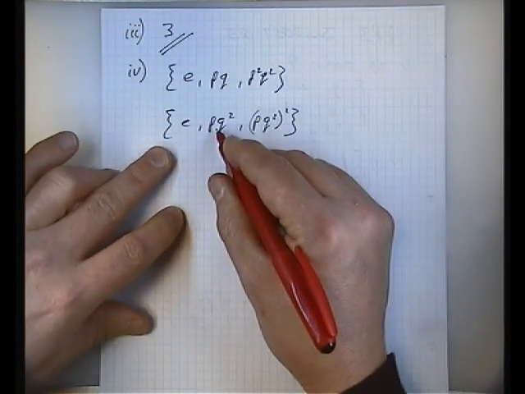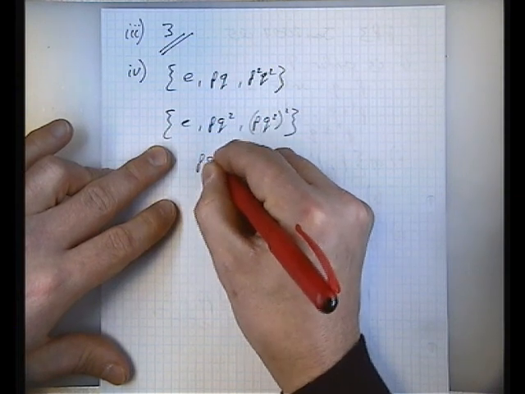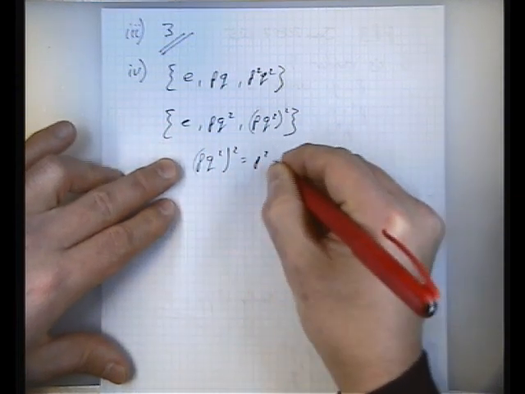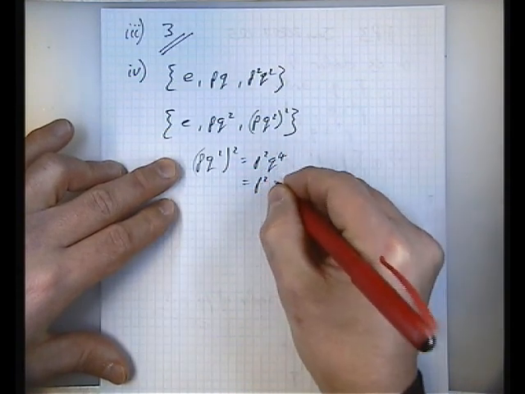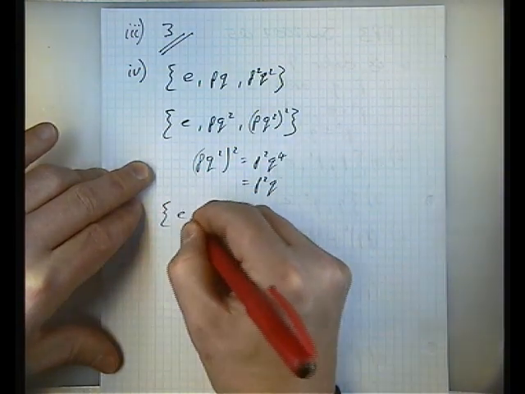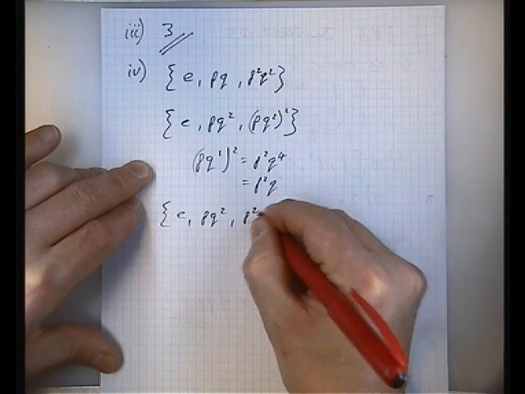That one's the simplest it's going to get. But PQ squared squared is equal to P squared Q to the 4, which is P squared Q, because Q cubed is E. So in fact, our subgroup in its properly simplified form is going to be P squared Q.